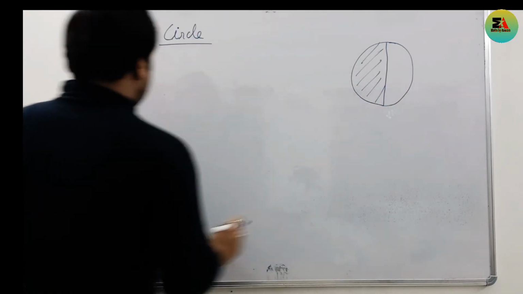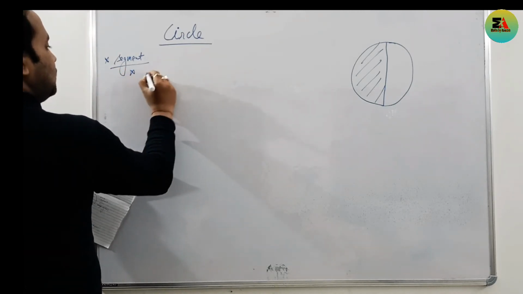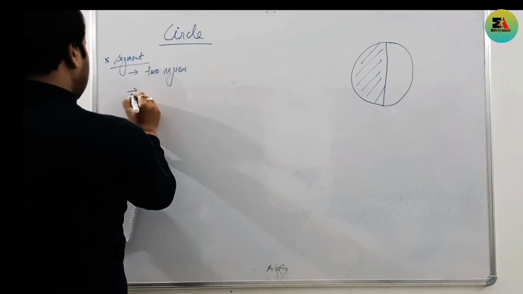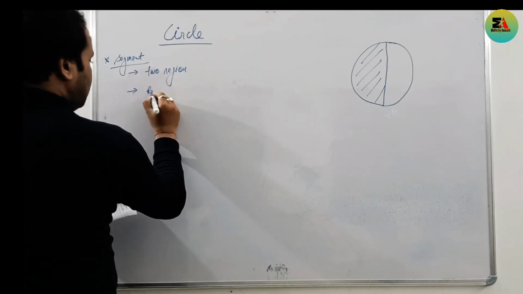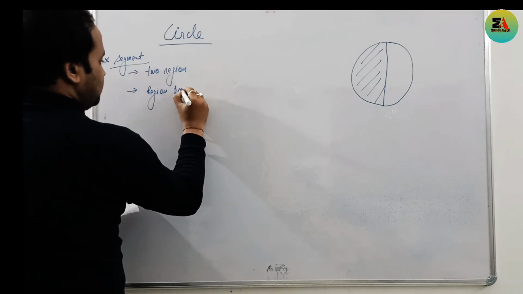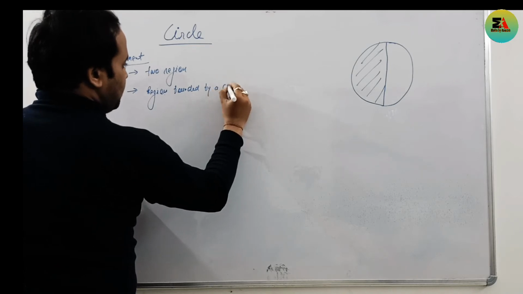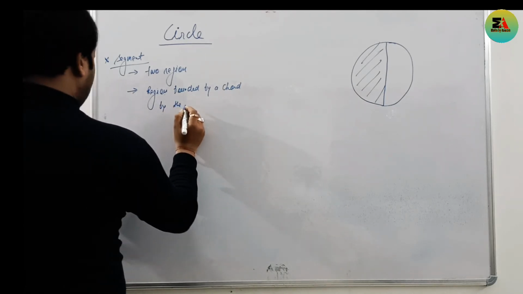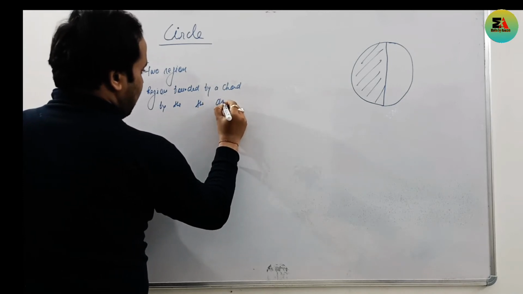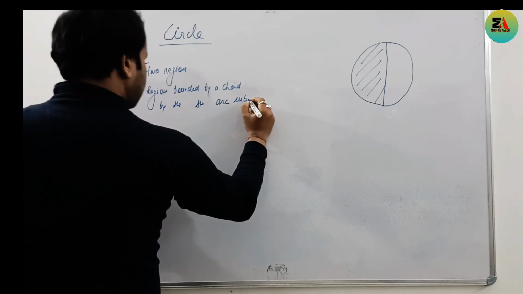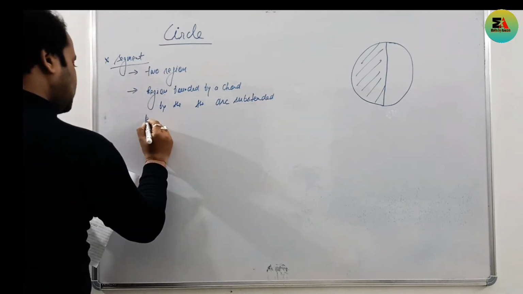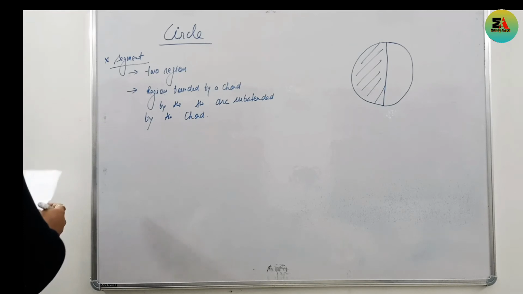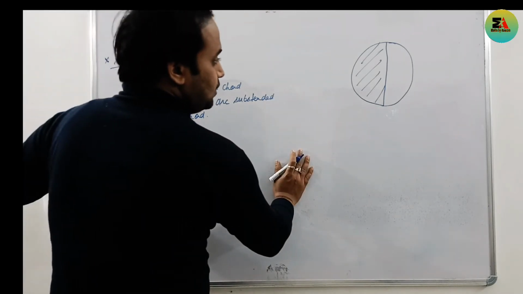This is known as a segment. A segment is a region bounded by a chord and the arc subtended by the chord. This is a segment.